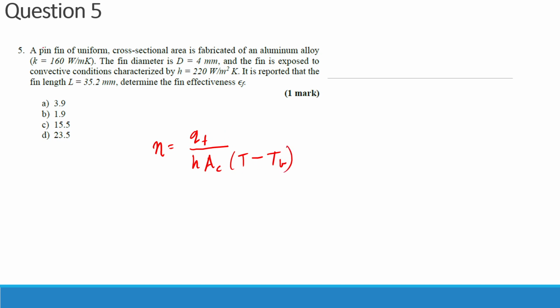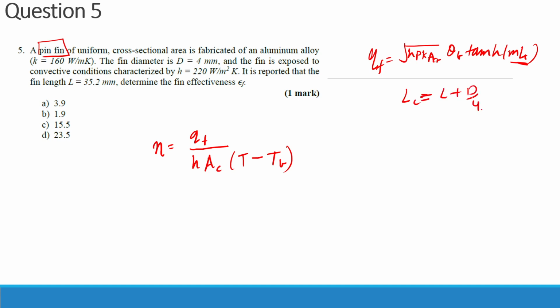So for this pin fin, the heat transfer Q_f is given as under root of h P k A_c times tanh(m L_c) times theta b, where L_c is L plus D by 4.